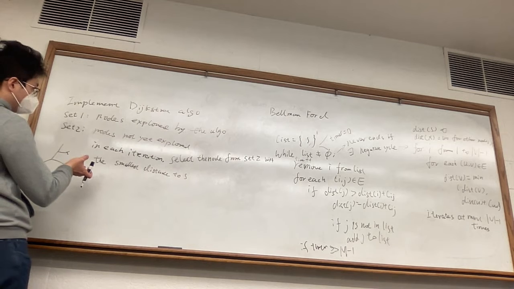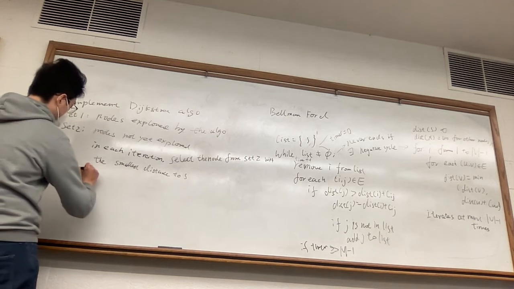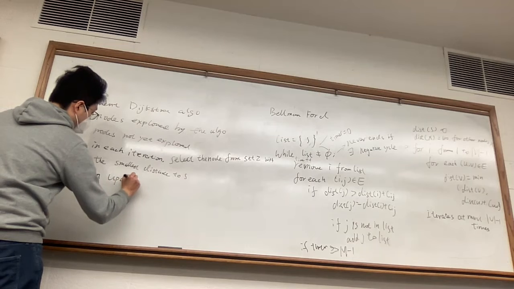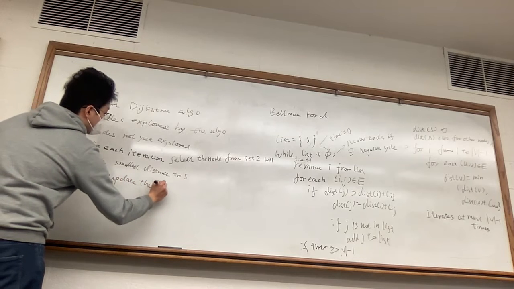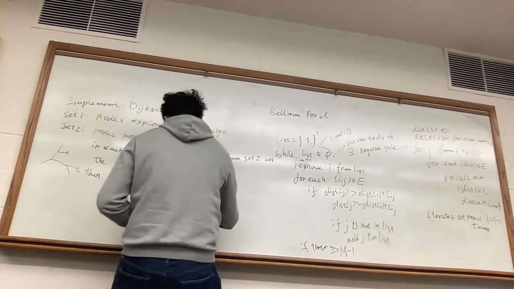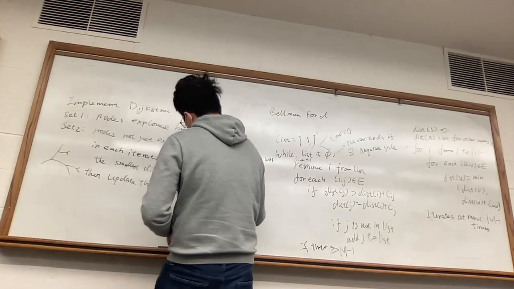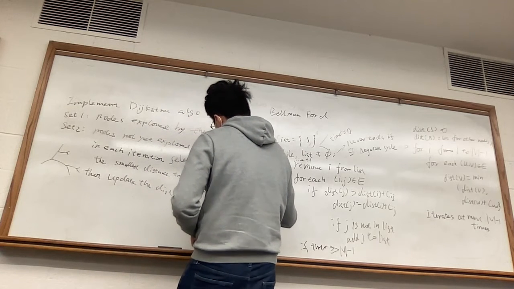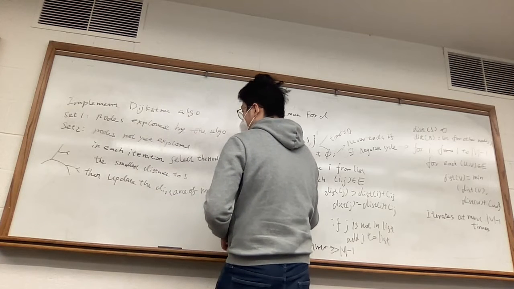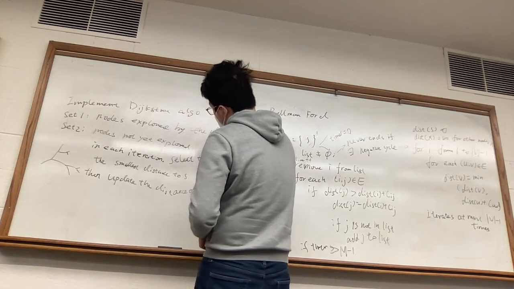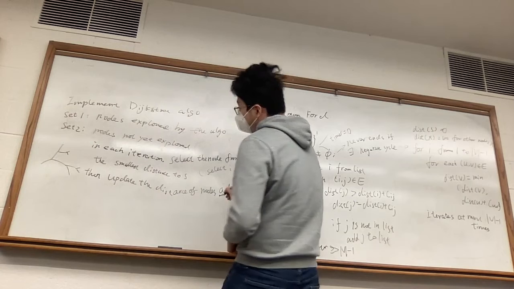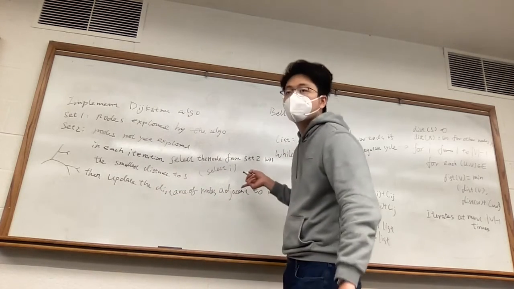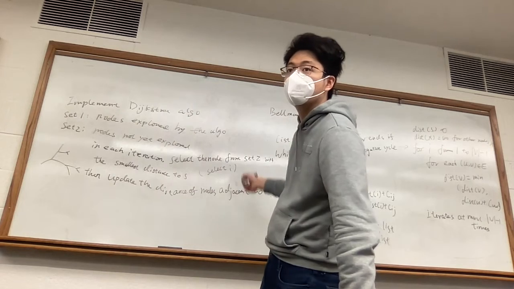And then update the distance of nodes that are adjacent to, let's say you select node I. Then you update the distance of nodes adjacent to I. And of course, these nodes should be in set 2, not set 1.